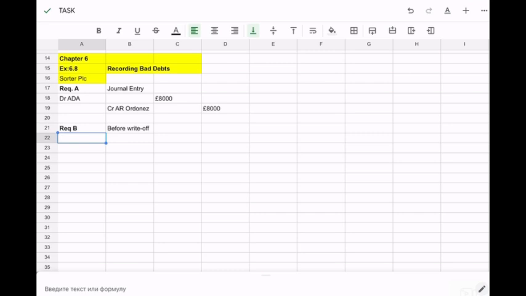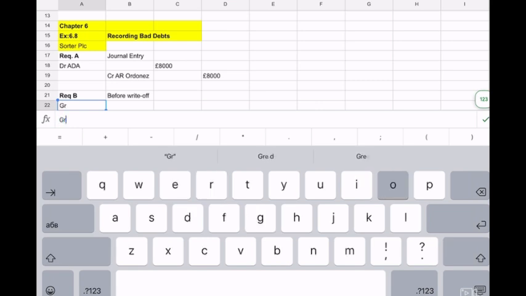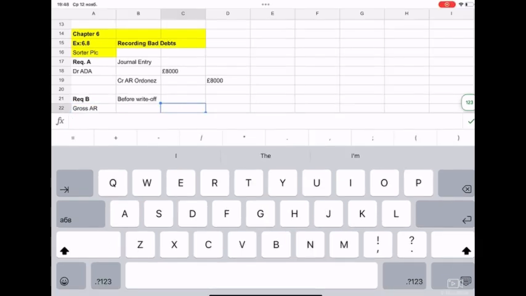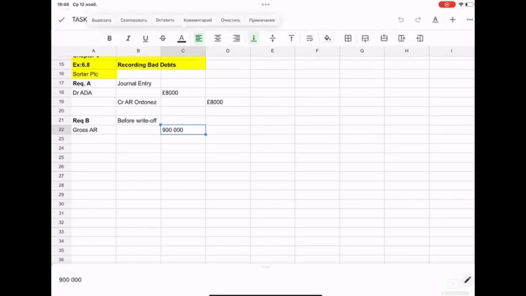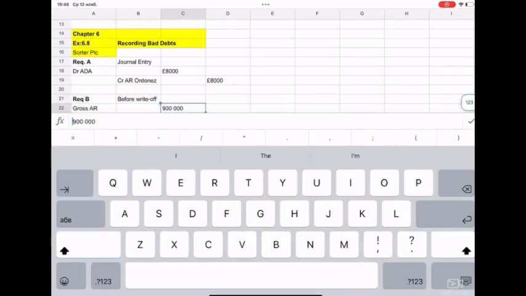So let's move to requirement B. Here I have to calculate the cash realizable value before the write-off. Here I should put the gross accounts receivable as 900,000 and write the information about the allowance, which is 40,000.